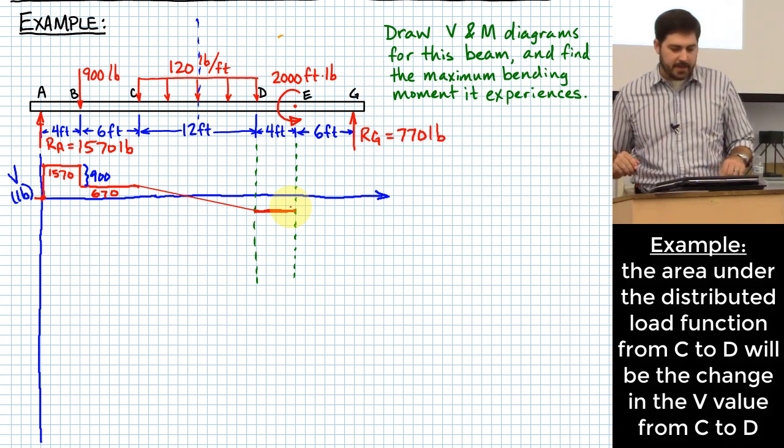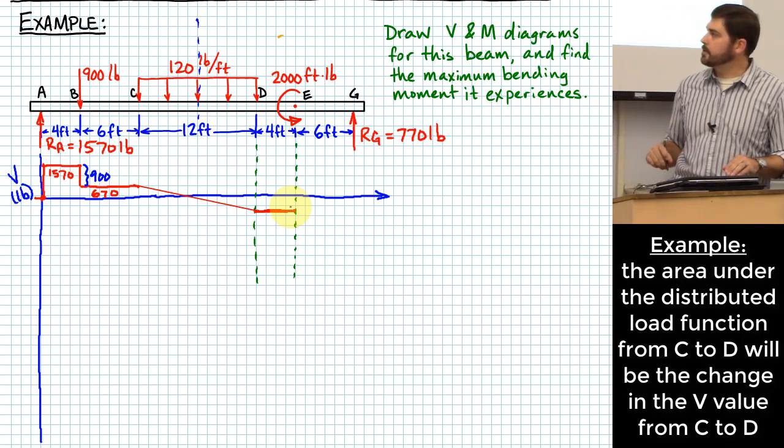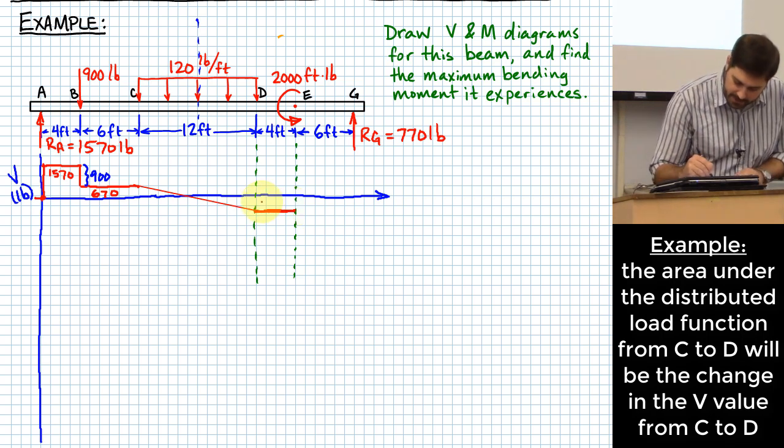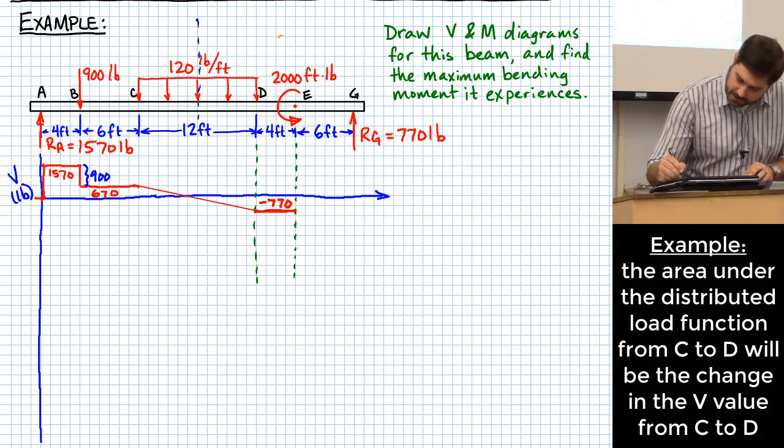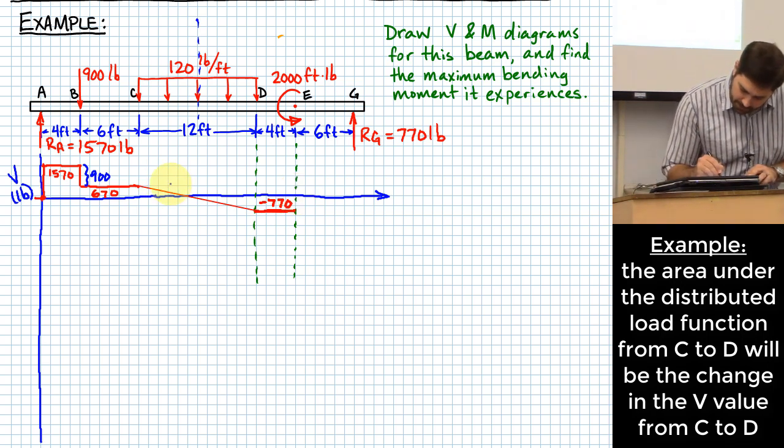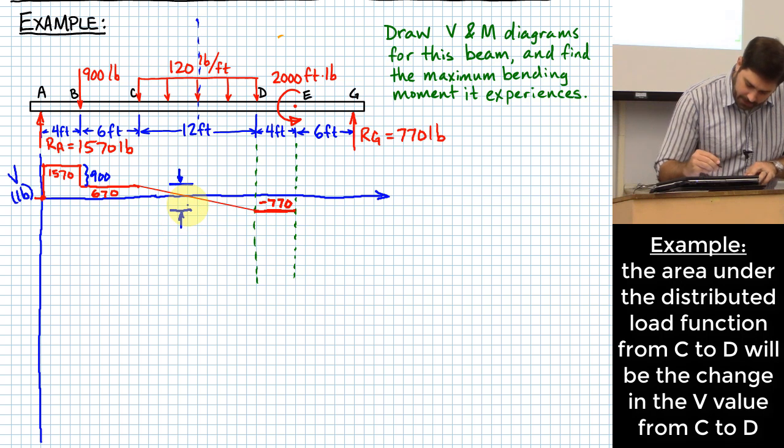It's not going to have any effect on that curve. So that's just going to stay at this negative 770. And just to be clear, let me say, just to really identify it, that between here and here, this was a change of 1440 pounds.